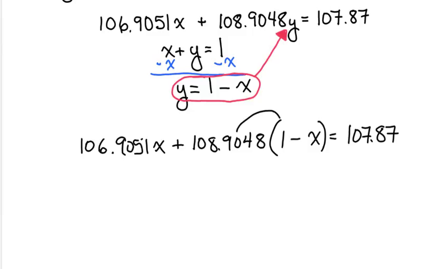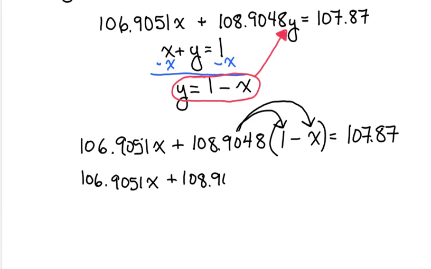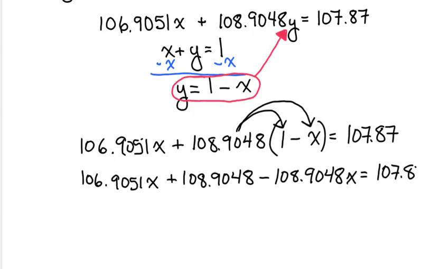Now I'm going to distribute that 108.9048. I keep 106.9051 x plus 108.9048 minus 108.9048 x equals 107.87.